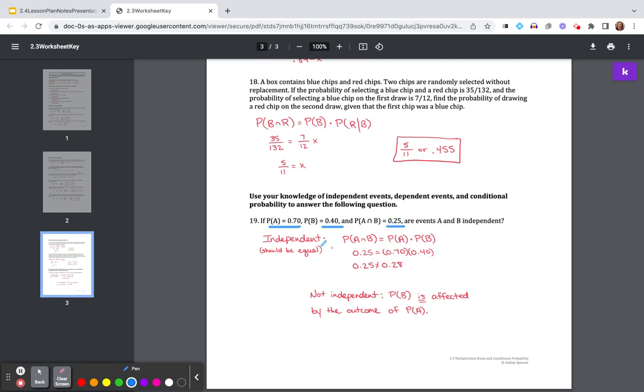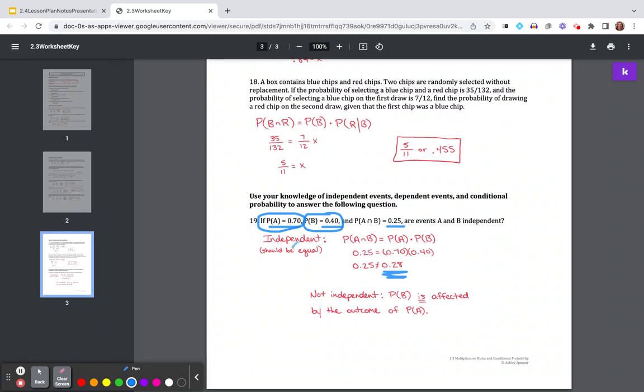So we're going to test. We're going to take the probability of A, which is 0.70, and multiply it by the probability of B. If the events are independent, 0.70 times 0.40 should give us 0.25. And what turns out is 0.70 times 0.40 is 0.28, which is not the same thing as 0.25.